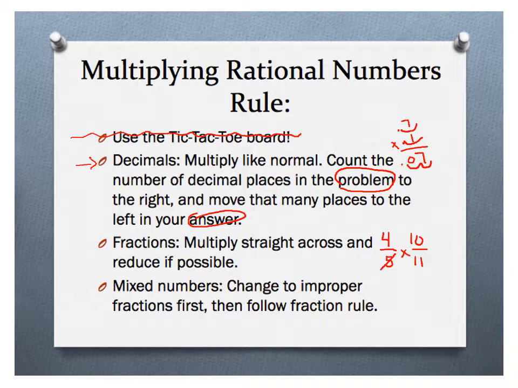You can say, well, 5 and 10 have a relationship. It goes in once, and a 5 goes in there twice. Now I'm going to multiply straight across. 4 times 2, 1 times 11, done. Okay, again with mixed numbers, you have to change to an improper fraction first and then go back and follow your fraction rule.